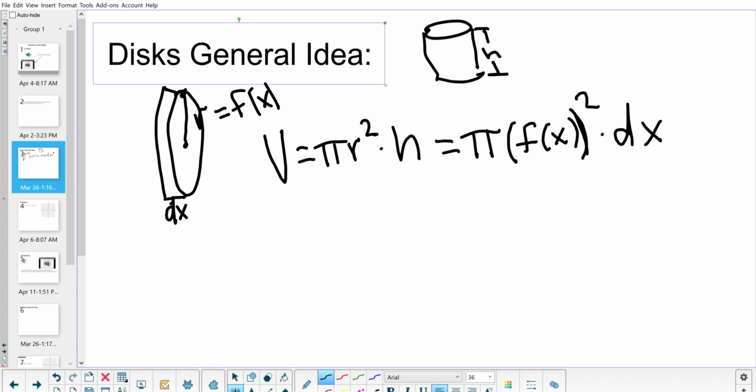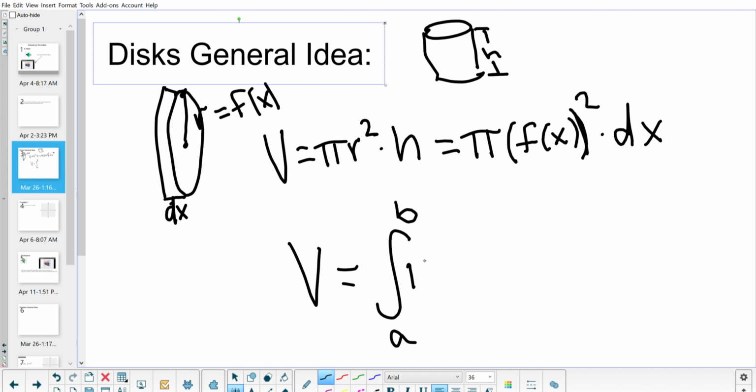So what we're going to do is add up all of these different cylinders. If we add up the infinite number of cylinders between A and B, we would have the volume of this geometric object. Okay, so we're going to use volume is going to be the integral from A to B. They'll have to specify.